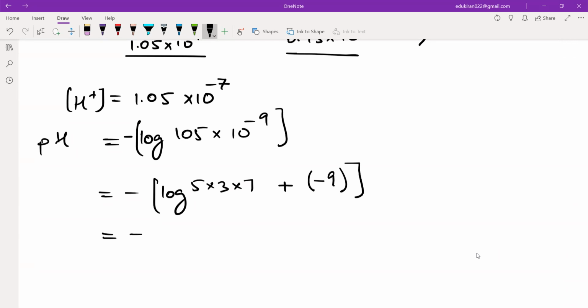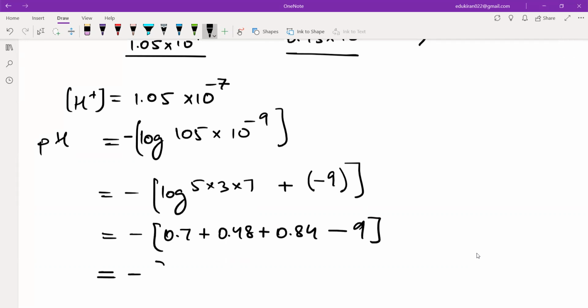Now this will be equal to minus of log 5 plus log 3 plus log 7, minus 9. Log 5 is 0.7, plus log 3 is how much? 0.48, plus log 7 is how much? 0.84, minus 9. Okay, calculate this much and tell me what is the pH. 0.84 plus 0.48 plus 0.7 minus 9.